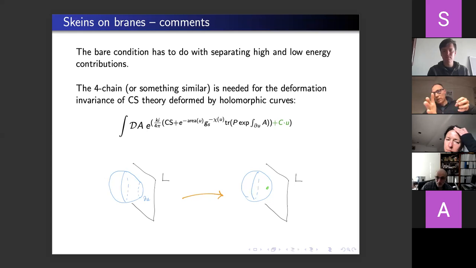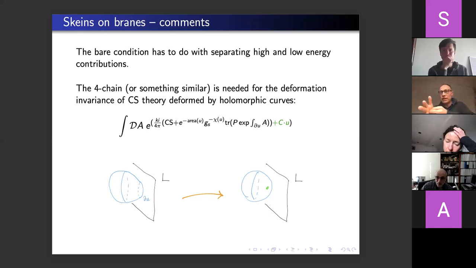And as you deform the Lagrangian, the boundary could shrink away and it becomes a sphere with no boundary on the Lagrangian. So in order for this to be invariant, you need to encode this disappearing of a boundary circle. And that's exactly the job that the 4-chain does for us.